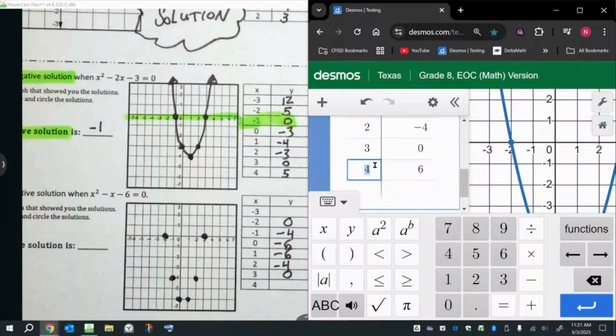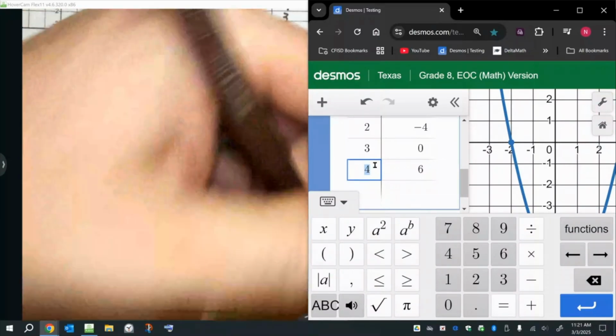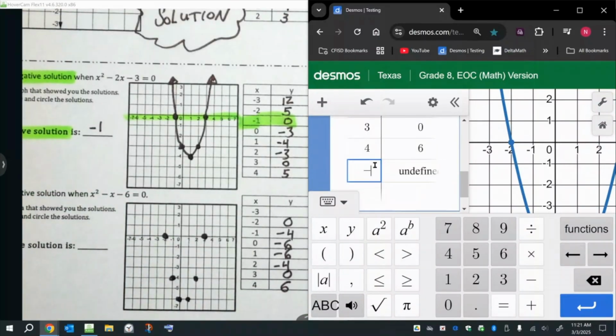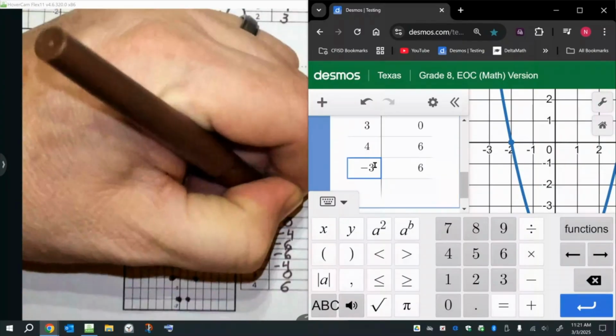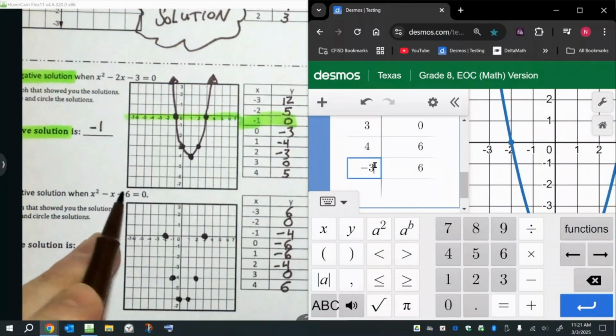And 4 goes with 6. And then I need to know what's happening at -3. And that's 6, so somewhere up there.